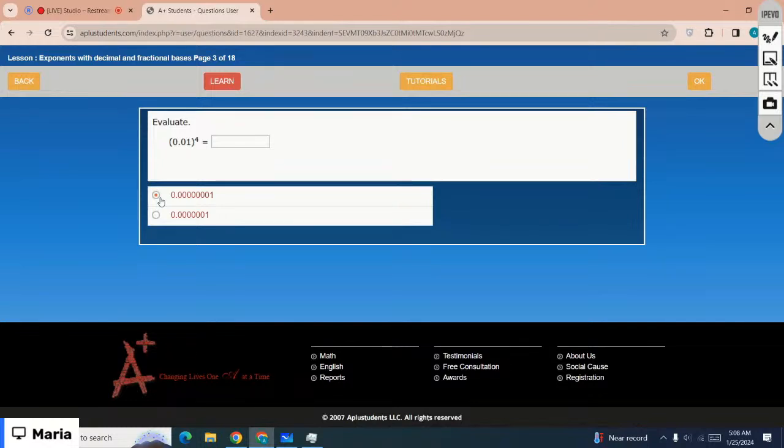So you multiply it 4 times, so it must have 8 decimal places. The correct option is option number 1.